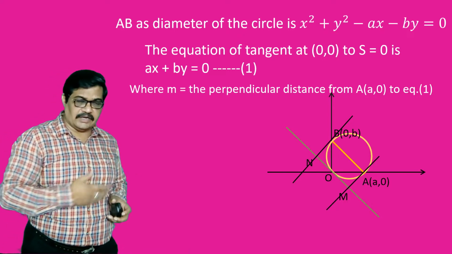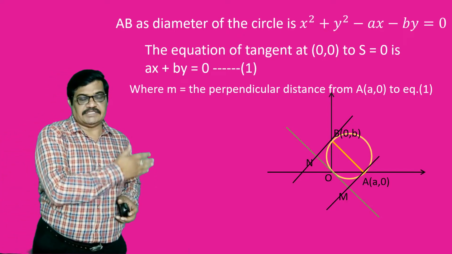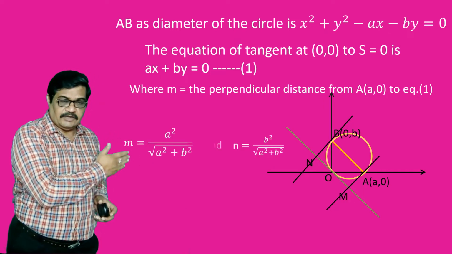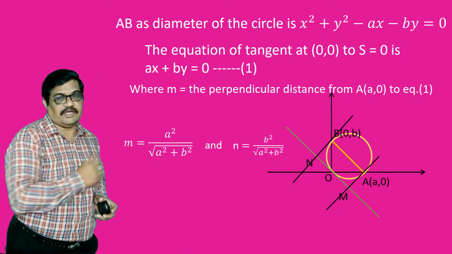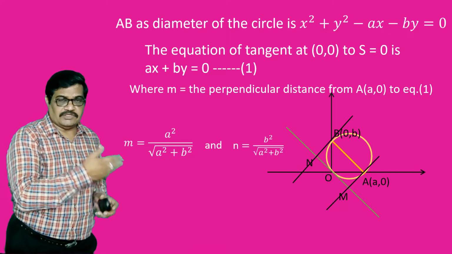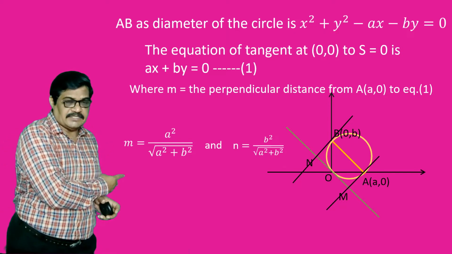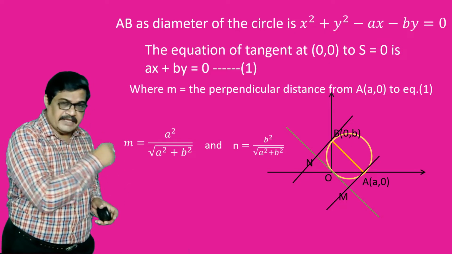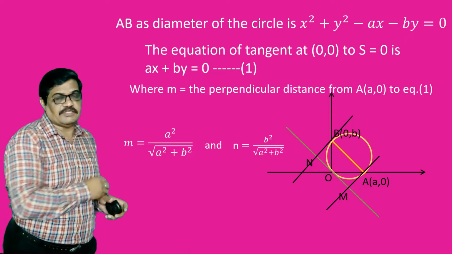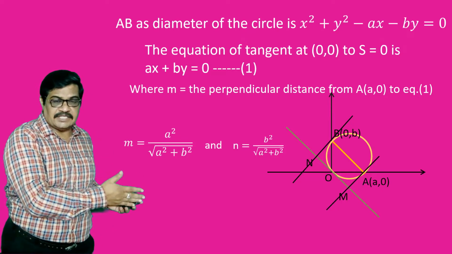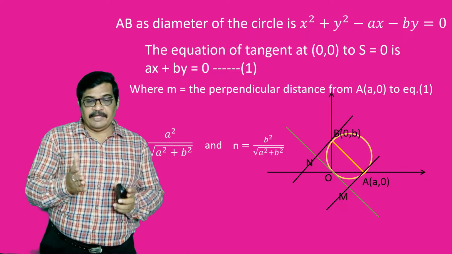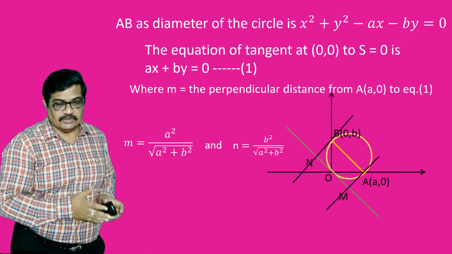Okay, now we calculate small m, the perpendicular distance from A to this line ax plus by is equal to 0. So we are using the distance formula. We are getting m is a square by root of a square plus b square and n is the distance from B to the line ax plus by is equal to 0.